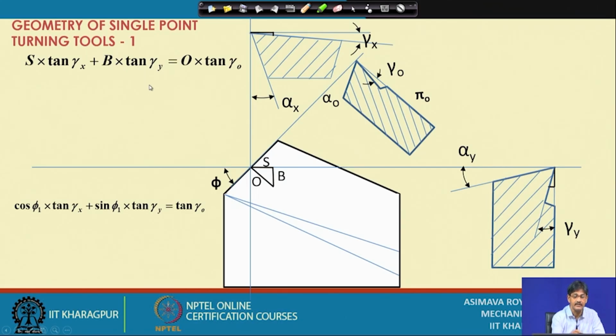What does this relation state? It states that from this point, if we move down the rake surface in the orthogonal direction, we will reach a point. If the orthogonal rake is positive, we go down. When from the reference plane the rake surface is going down as we move away from the nose, that is positive rake.